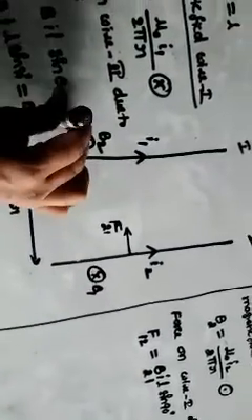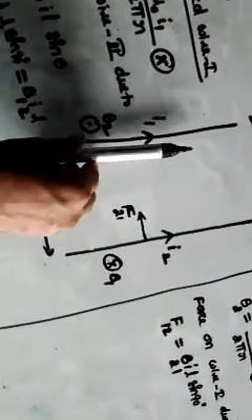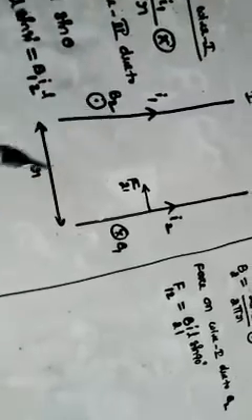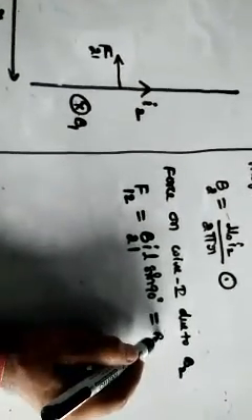Again see, magnetic field B2 is upwards, and the wire is kept like this, so the angle between the two is 90 degrees. This is equal to B2 I1 L, and sin 90 is 1.